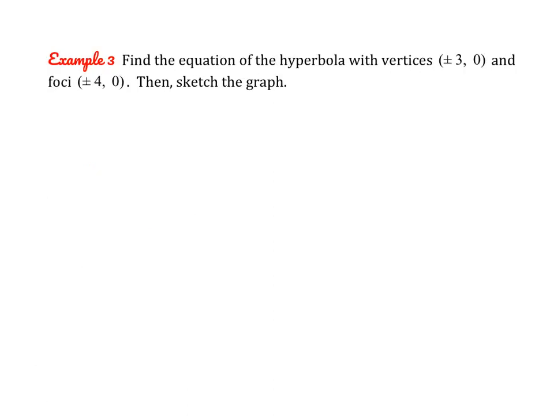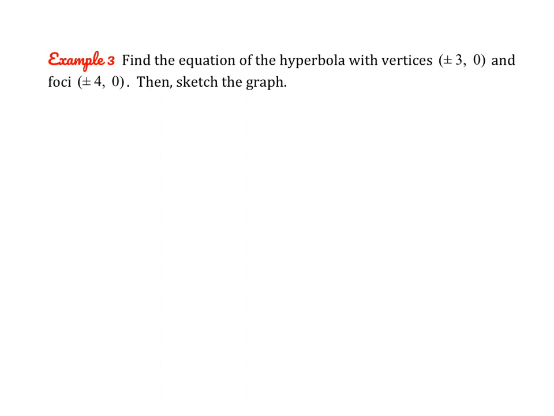Okay, now we're going to see if we can find an equation of a hyperbola given the vertices and the foci. So here we're told that the vertices are plus or minus 3, 0, and the foci are at plus or minus 4, 0. And again, we're assuming that the center is at the origin for today.